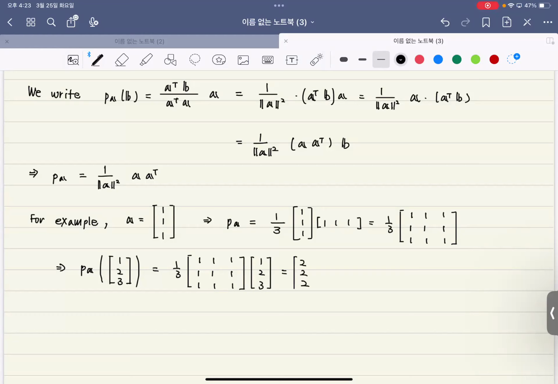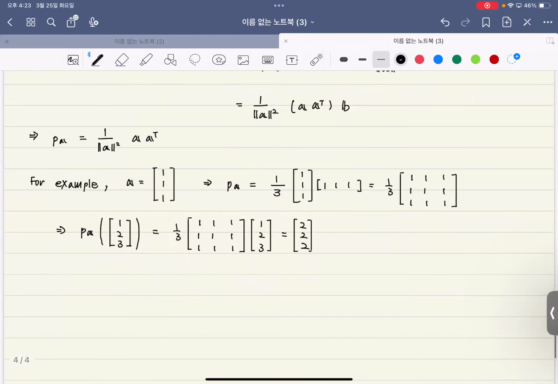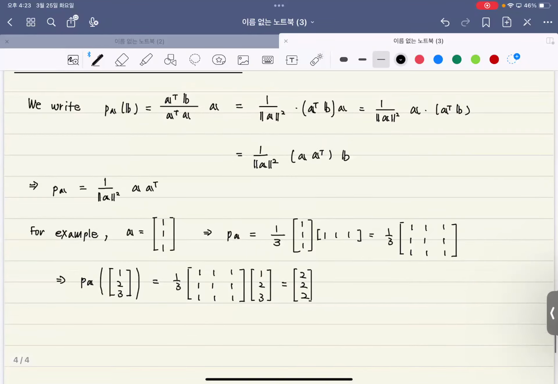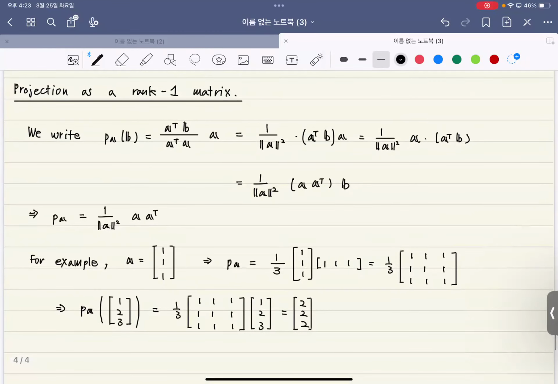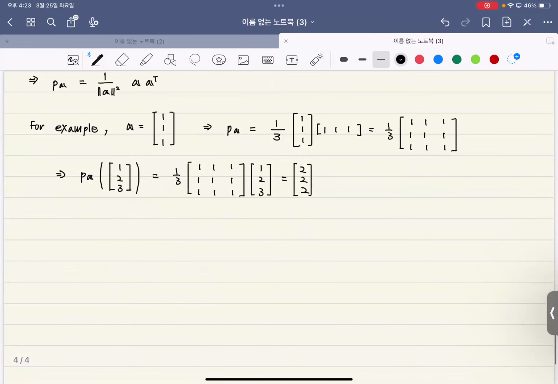Okay, all right, so I'm good. So this is the matrix representation of the projection map, which is a rank 1 matrix.